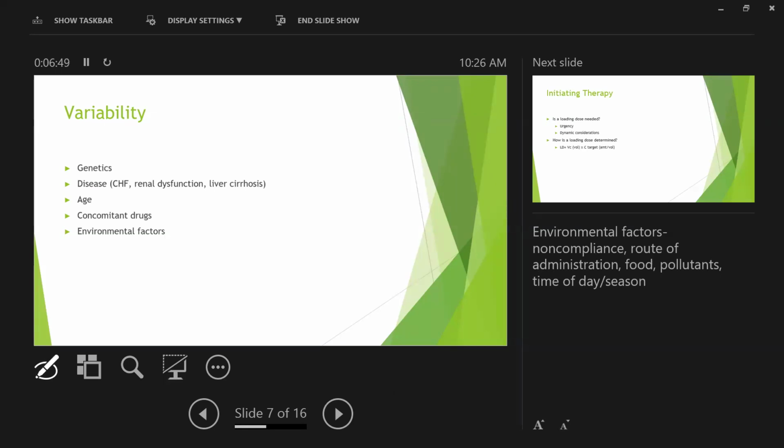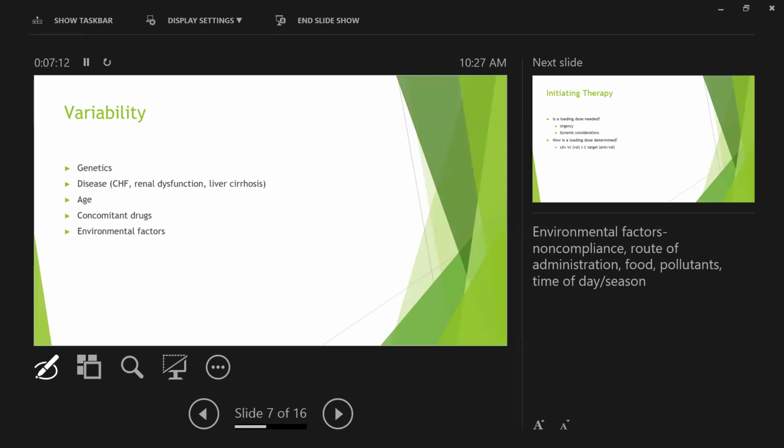We know diseases like congestive heart failure, renal dysfunction, liver dysfunction, and many other diseases can affect pharmacokinetics and pharmacodynamics. We know age will change organ function and therefore act almost like a disease and change your pharmacokinetics.